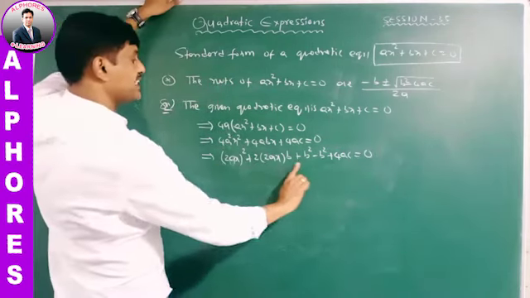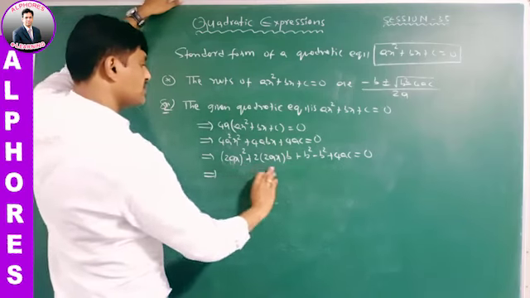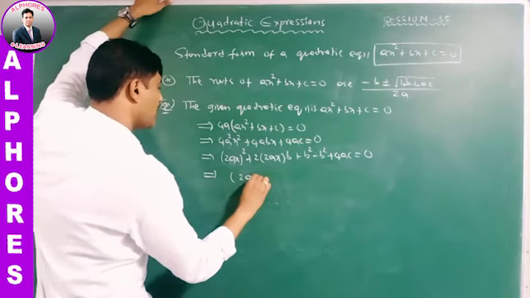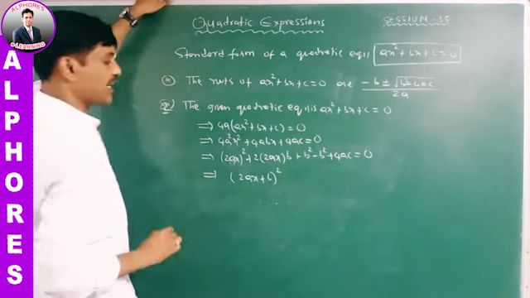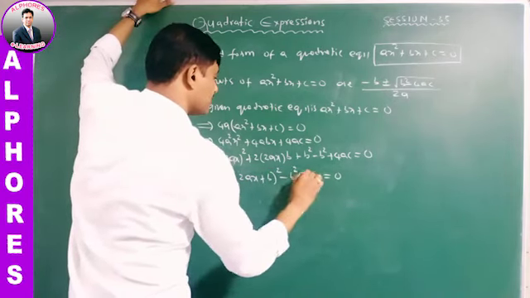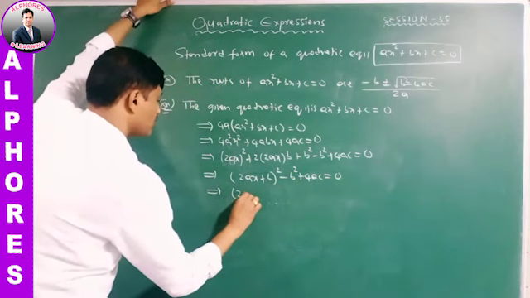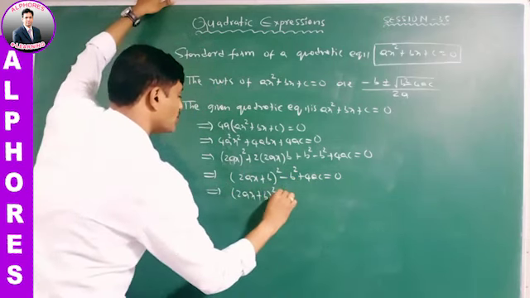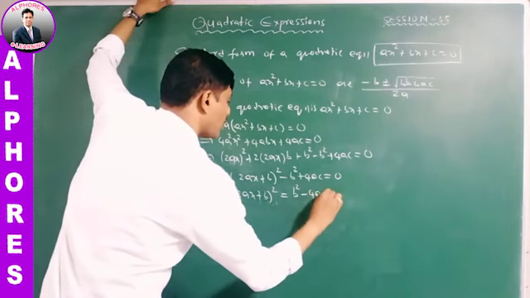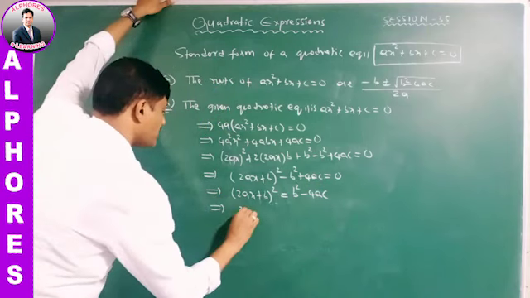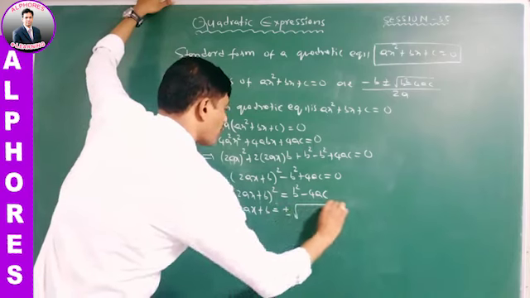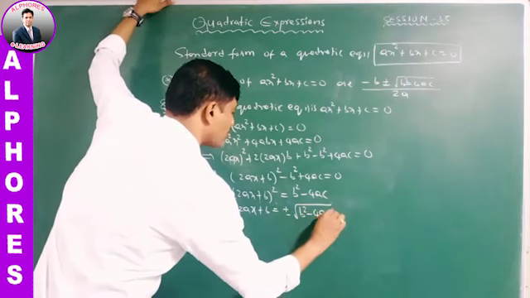Now the first 3 terms, look here, we write in the form of a perfect square: (2ax + b)² − b² + 4ac = 0. Okay, (2ax + b)² is equal to, taking to the right side, b² − 4ac. That implies 2ax + b = ± √(b² − 4ac).